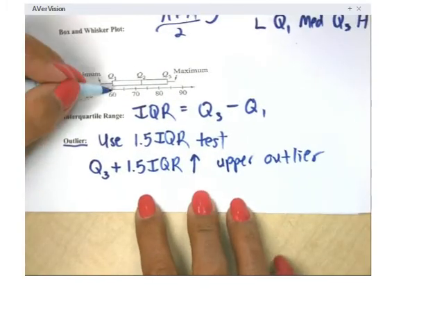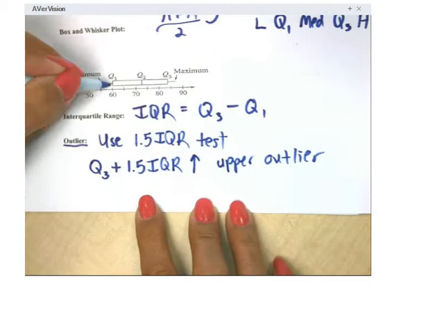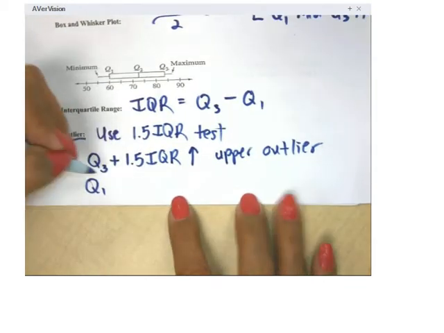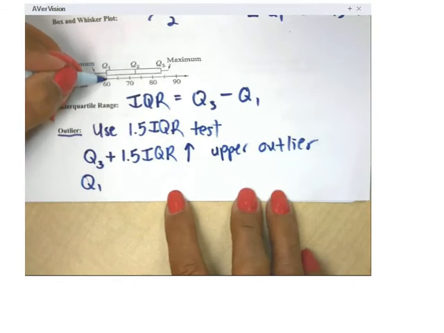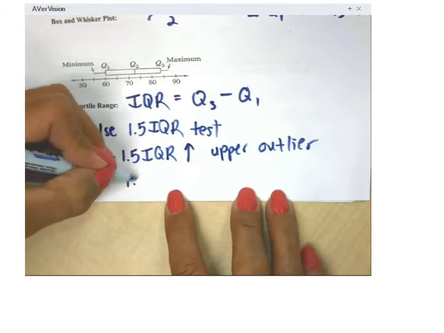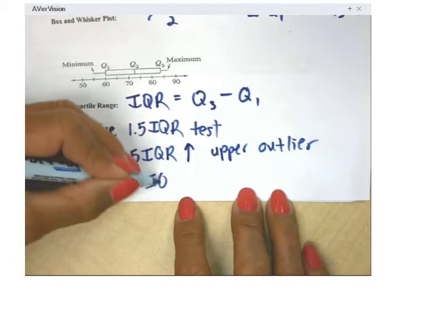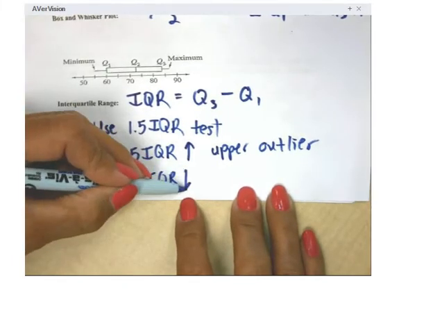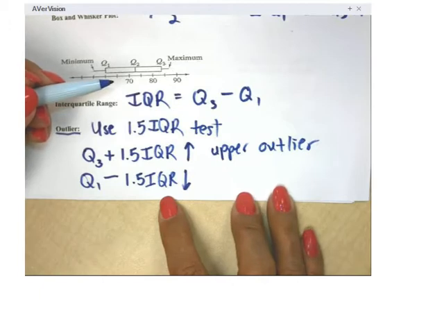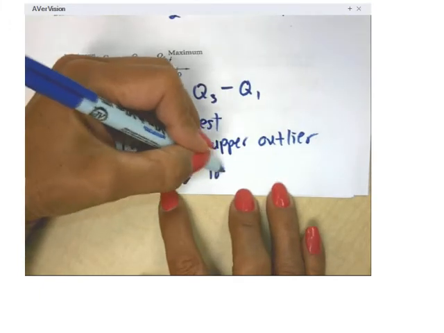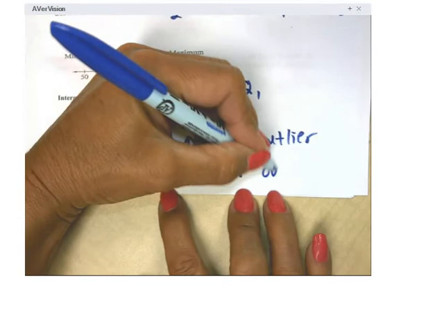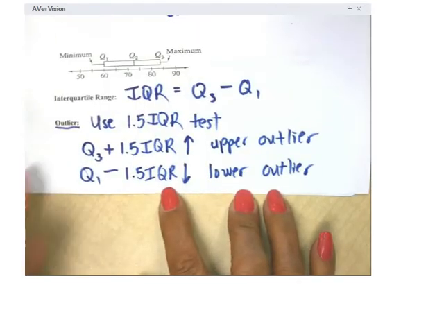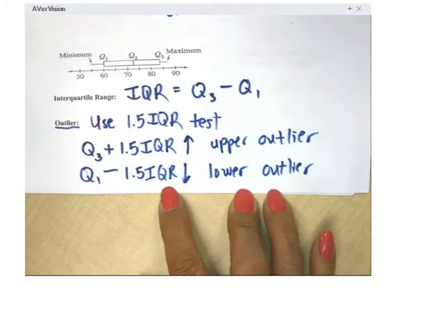On the other hand, if we want to find out if we have anything at that low end that seems to be an oddball or an outlier, we take this Q1 value and subtract away 1.5 box widths or 1.5 interquartile ranges, and then any number that is below that value that we calculate would be considered a lower outlier. And once we look at an example, we'll see that it's really not too difficult to do.